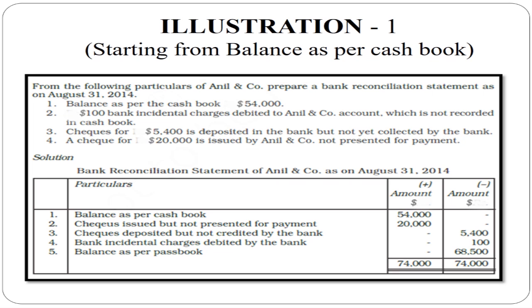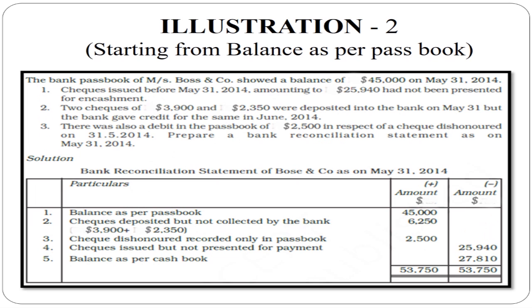Two checks of $3,900 and $2,350 were deposited into the bank on 31st May, but the bank gave credit for the same in June 2014. Last point is, there was also a debit in the passbook of $2,500 in respect of a check dishonored on 31st May 2014. Now, we are supposed to prepare a bank reconciliation statement as on 31st May 2014.